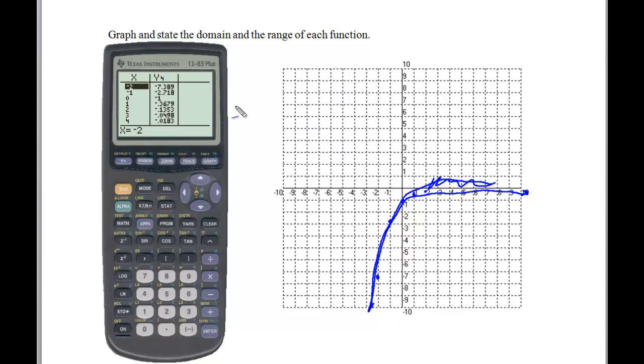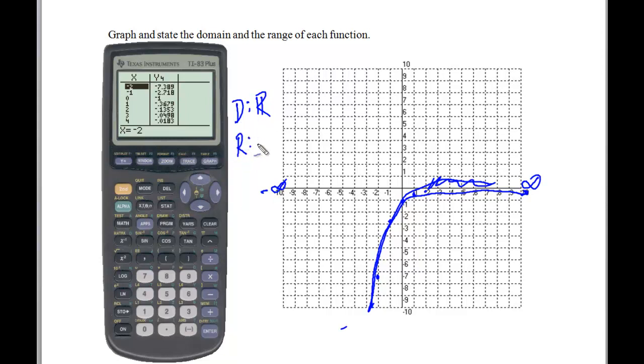here. Our domain is going to be real again, because this will go to negative infinity on my x, because it gets bigger and bigger. In this sense, it really is going lower and lower, but this is getting wider and wider as it goes down. And this over here to the right will go to positive infinity. So since my x goes from negative infinity to positive infinity, my domain is real.